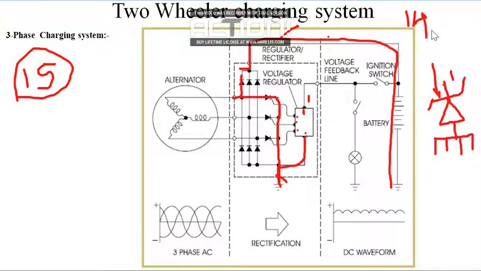It manipulates the current in such a way that the output voltage is 14.5 when the source voltage is more than 14.5. When it is less than 14.5, say 12 or 10, it won't come into the picture. The current flows straight through the bridge rectifier into the battery, and the battery gets charged.